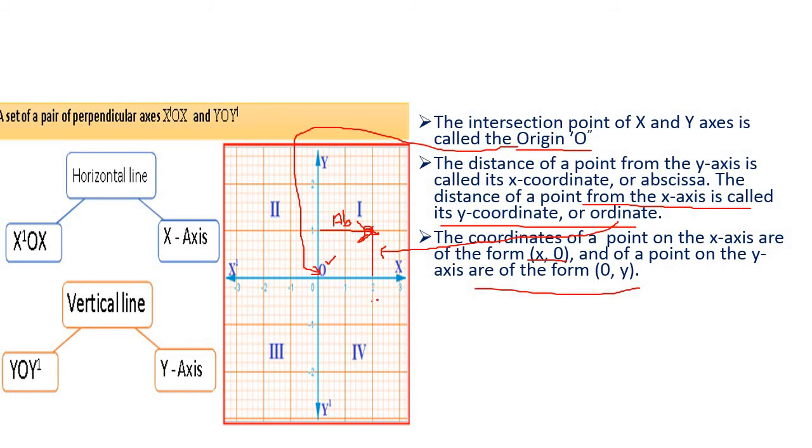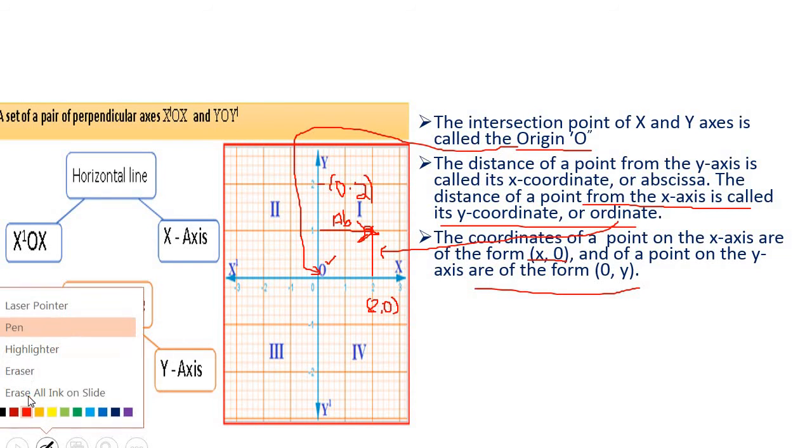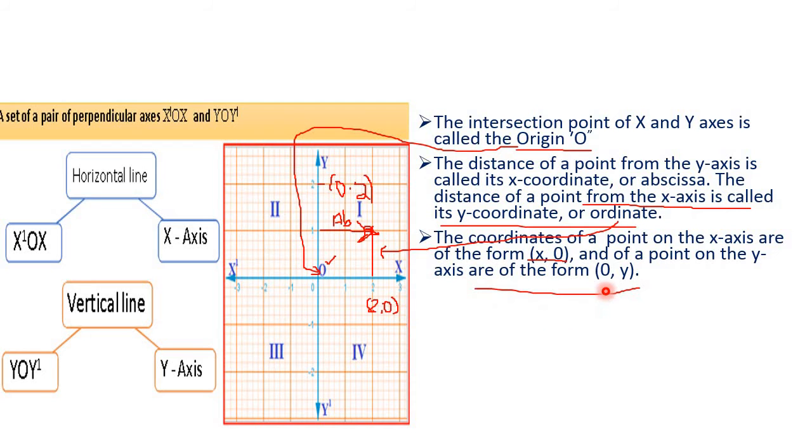A point on the y-axis in the form (0, 2) is the point 0, 2.